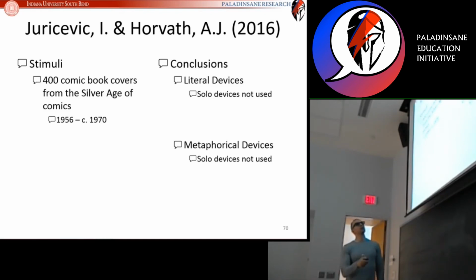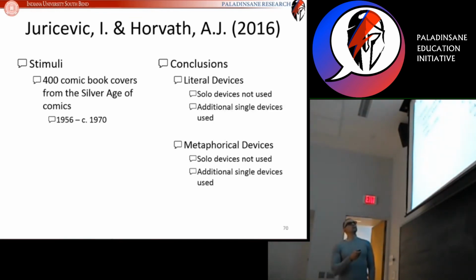The way that our minds do this is we do not use solo devices. Solo devices on their own are not used by artists, and they're not used by our minds because they don't carry enough information. Artists know, and our minds process this information in a way, that just one device is usually not enough to communicate a particular motion.